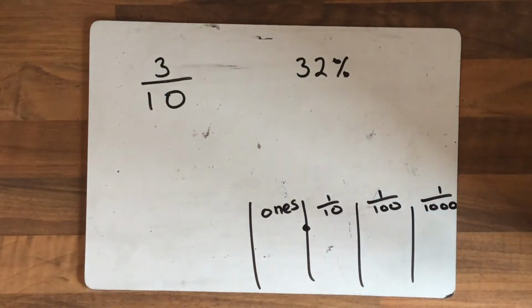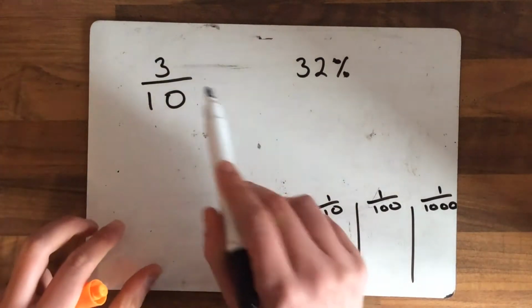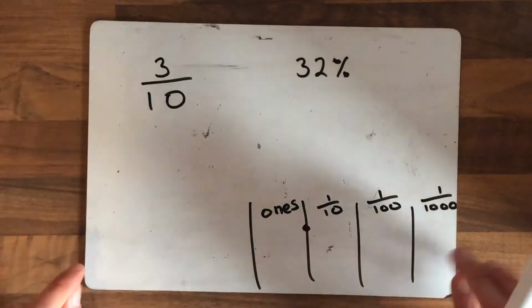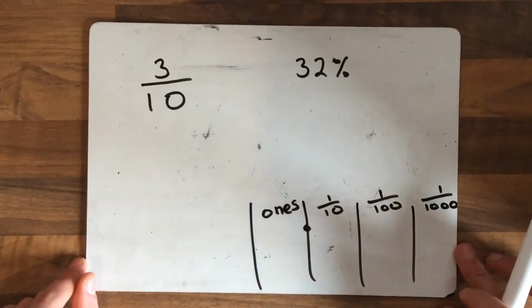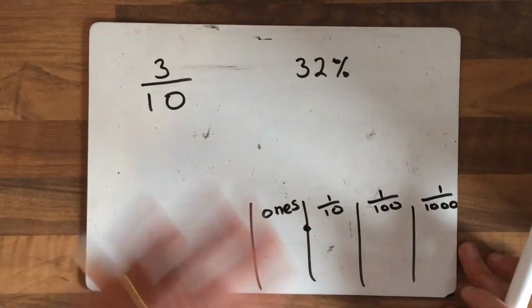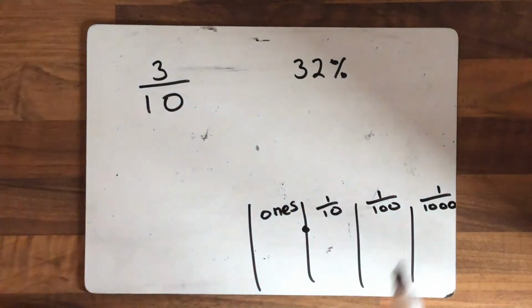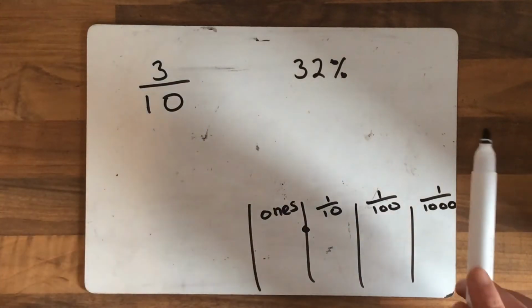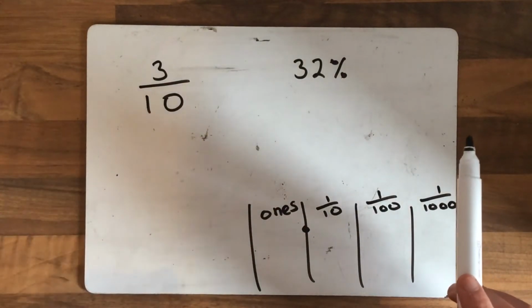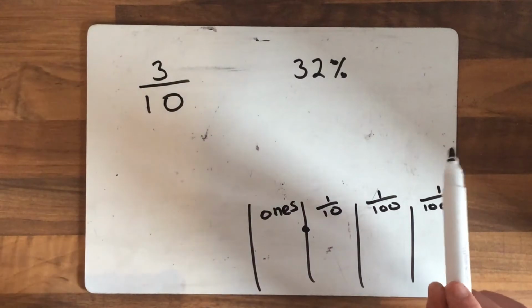Now straight away some of you will be able to see which one is larger than the other, but let's prove it. So I've got 3 tenths. Imagine I had a birthday. I've got 3 tenths of my cake and I give it to Harvey. I give 32% of my cake to Elliot. Who is going to have more of the cake?